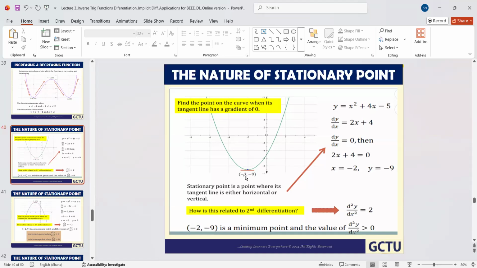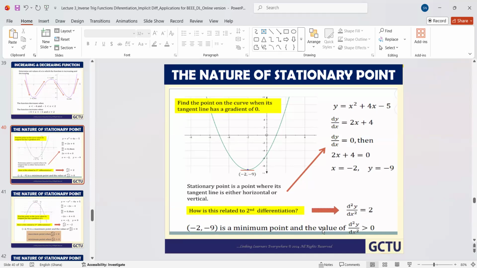So the nature of a stationary point tells us the behavior of that stationary point. A stationary point is a point where the tangent line is either horizontal or vertical. Now, how is it related to differentiation? This same equation we differentiated, remember when we differentiated the first function, we got 2x plus 4. If you differentiate 2x plus 4 again, you get 2.